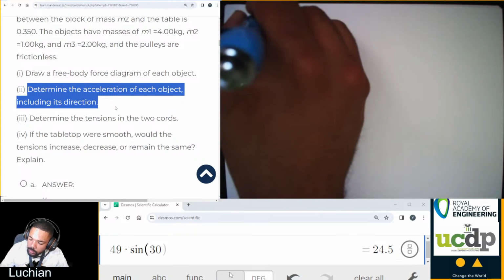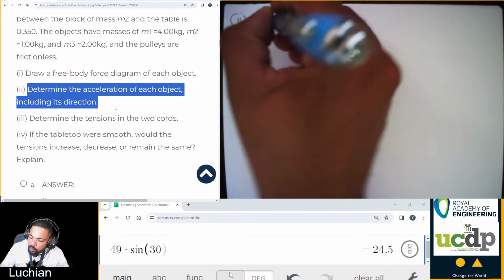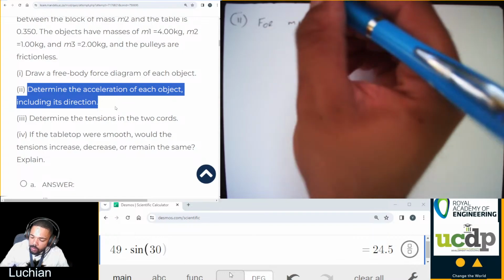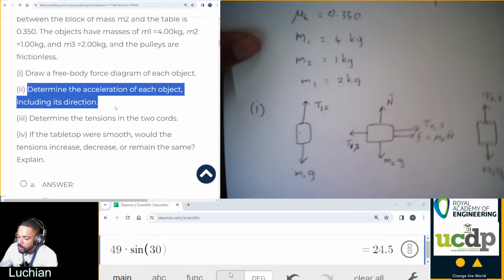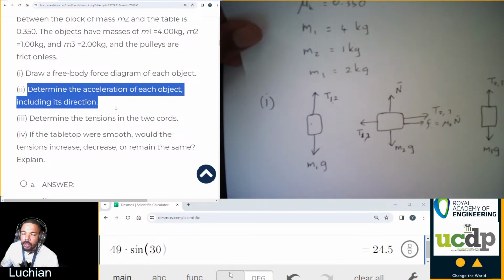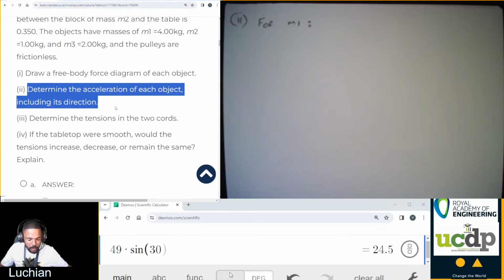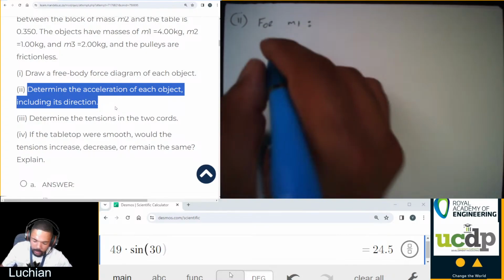Now for mass 1, this is its free body diagram. It only has the tension T12 and its weight acting on it.